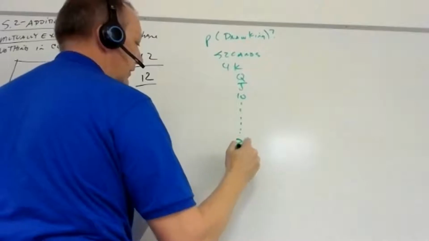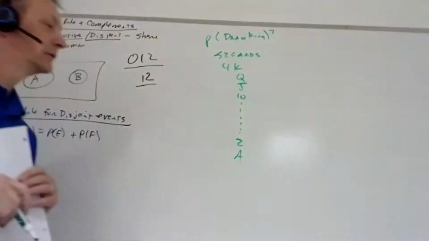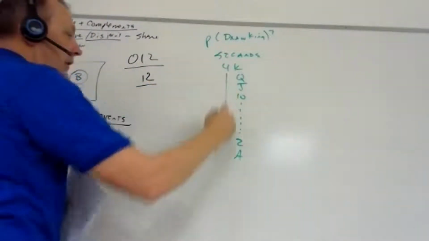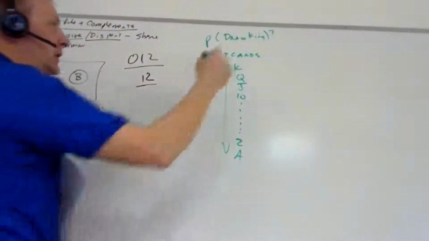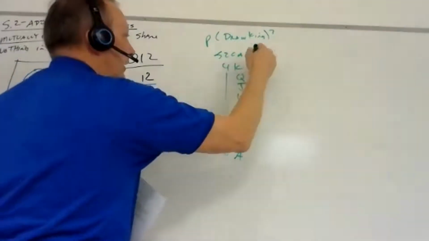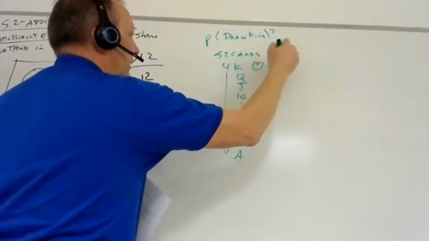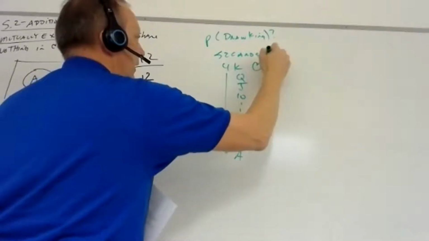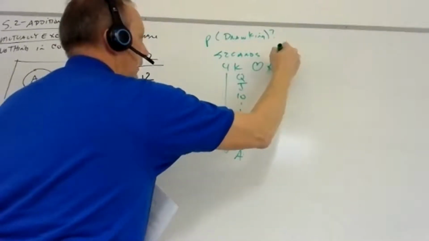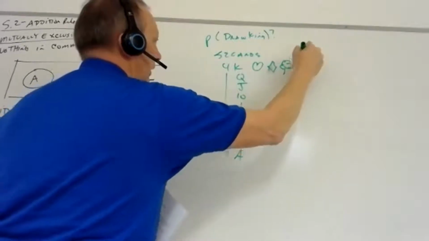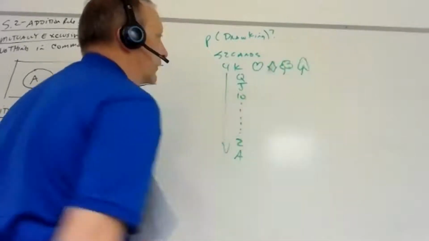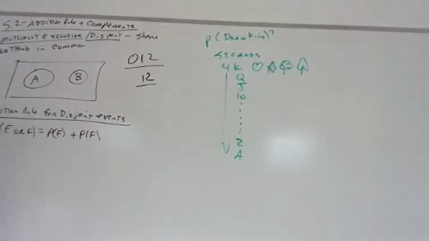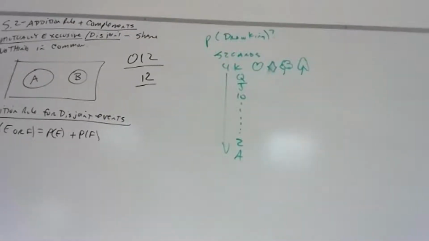Also, you have an ace. 4 of everything. So you've got a king of hearts, a king of diamonds, a king of clubs, and a king of spades. Okay? So that's one of every suit.